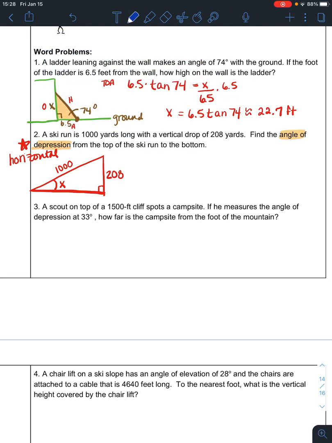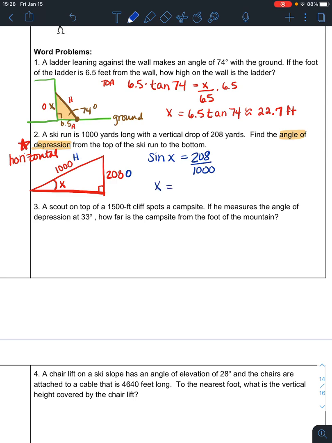So now you set up your problem. I have my opposite side and my hypotenuse, O and H. So I set it up: sine of X is equal to opposite divided by hypotenuse.